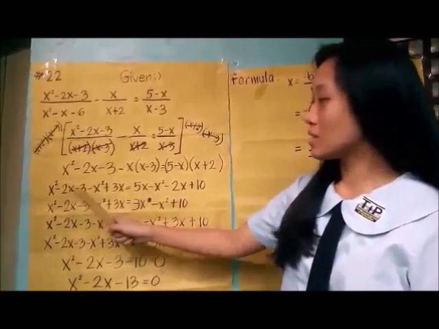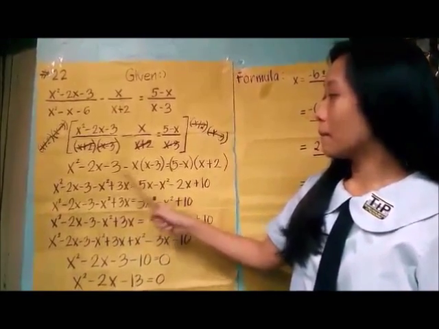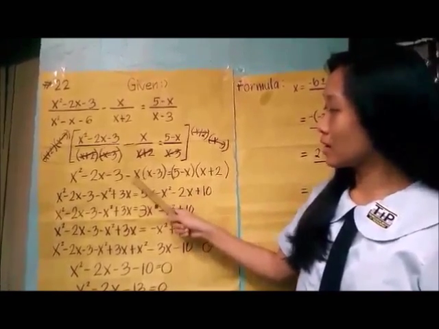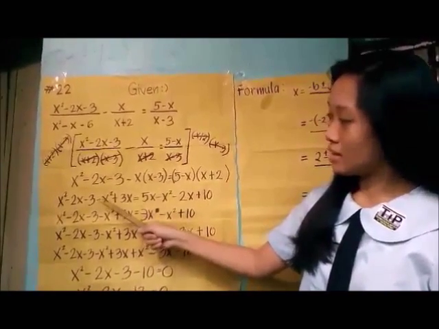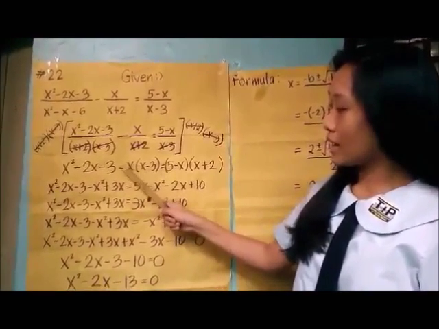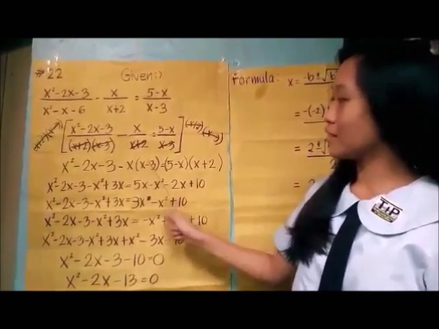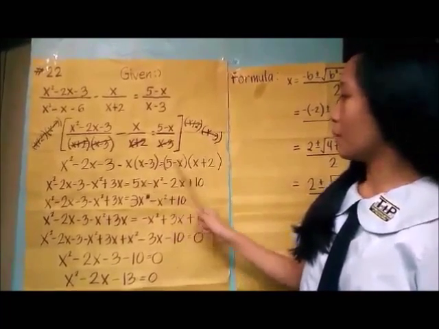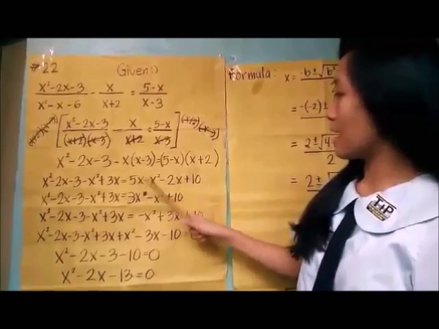x squared minus 2x minus 3. Distribute: x squared times x equals x squared plus x, negative x times negative 3 positive 3x, FOIL method. 5 times x, 5x.